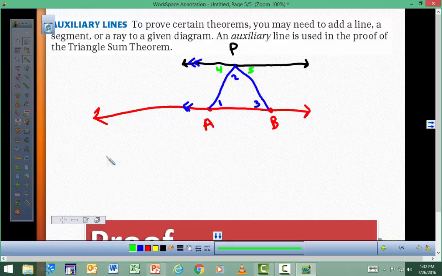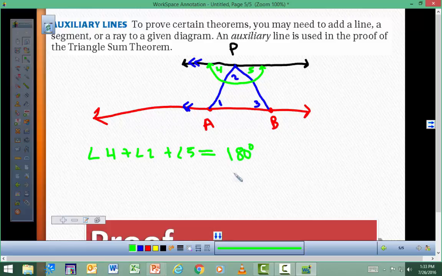Now, one thing you should notice is that this group of angles up here create a straight line. So what I do know then is that angle 4 plus angle 2 plus angle 5 create a straight line. So it's kind of that linear pair idea, creates a straight angle. So what we're going to say is that that straight angle adds up to be 180 degrees.